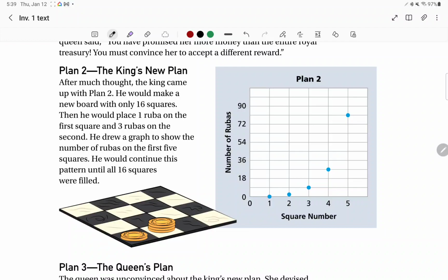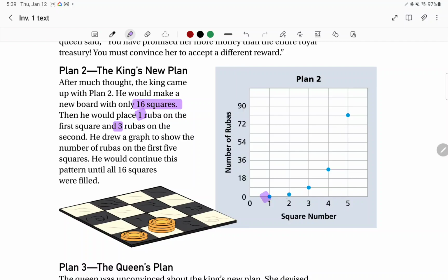So after much thought, the king came up with a new plan. Plan number 2. He would make a new board with only 16 squares. So now it's a 4x4. So that's important. So let's highlight that. It's 16 squares. Then we place 1 ruba on the first square. On the second, he drew a graph.